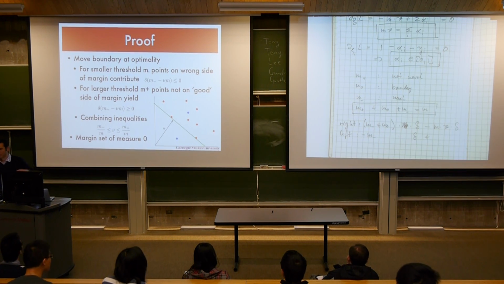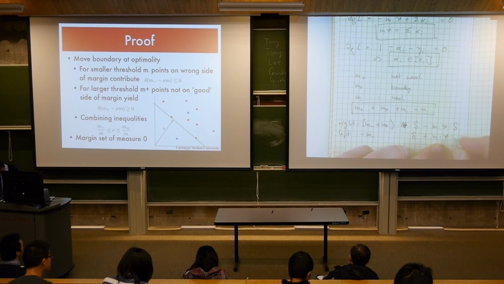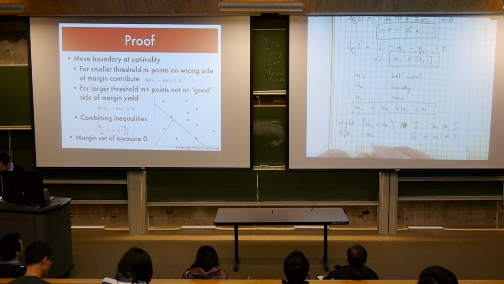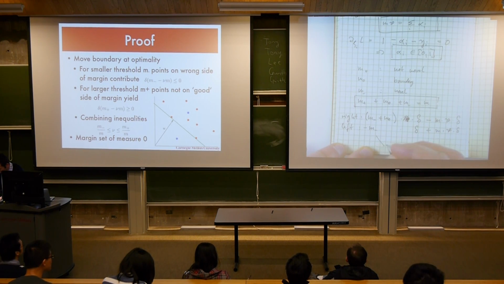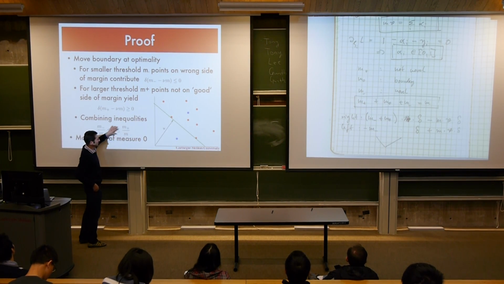Delta is the amount that I'm shifting. And so what I need to have is that things get larger on both ends, otherwise I wouldn't have optimality. Now if you work out those ratios, you get exactly this inequality here.